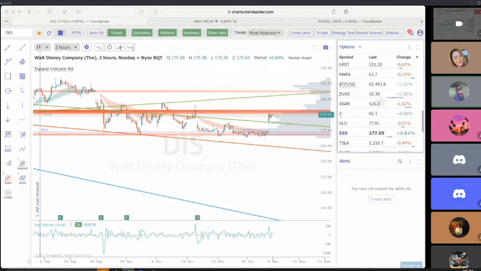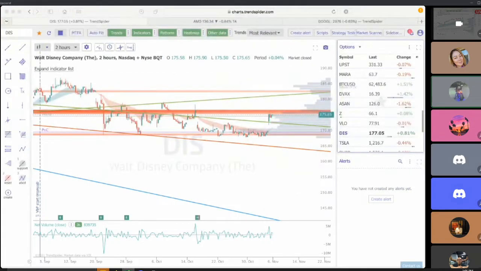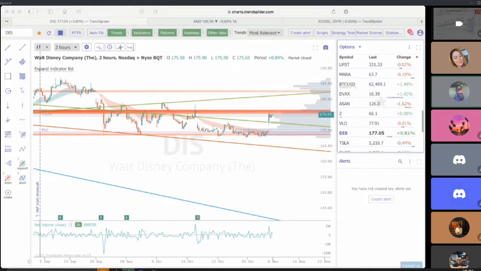And then most of the flow in Disney is going out into December and January. So there's not a lot of calls going into November in general. You've got Disney 3/18/2022, it had a million into the 230 strike.